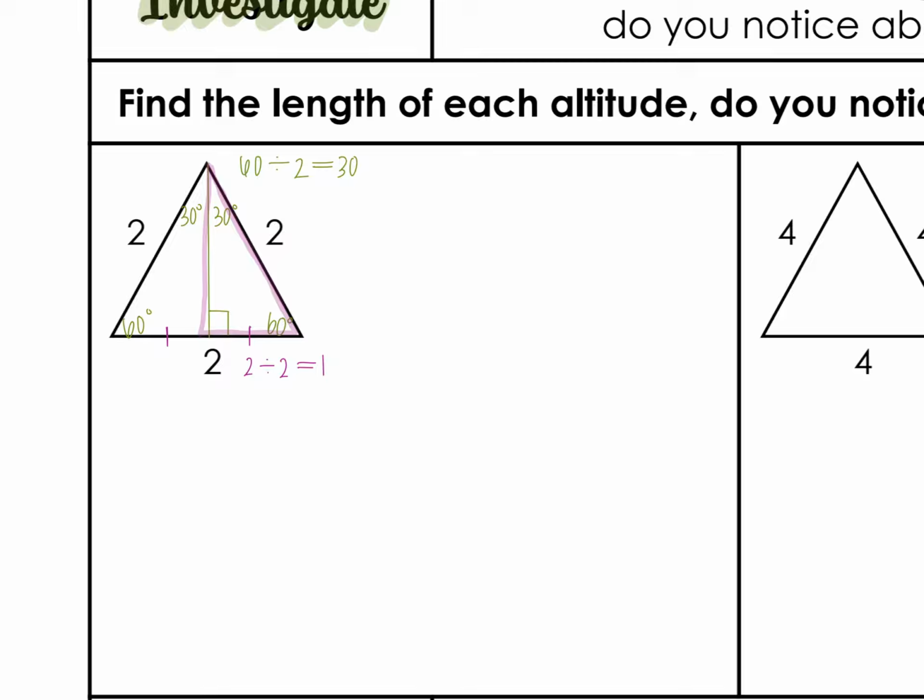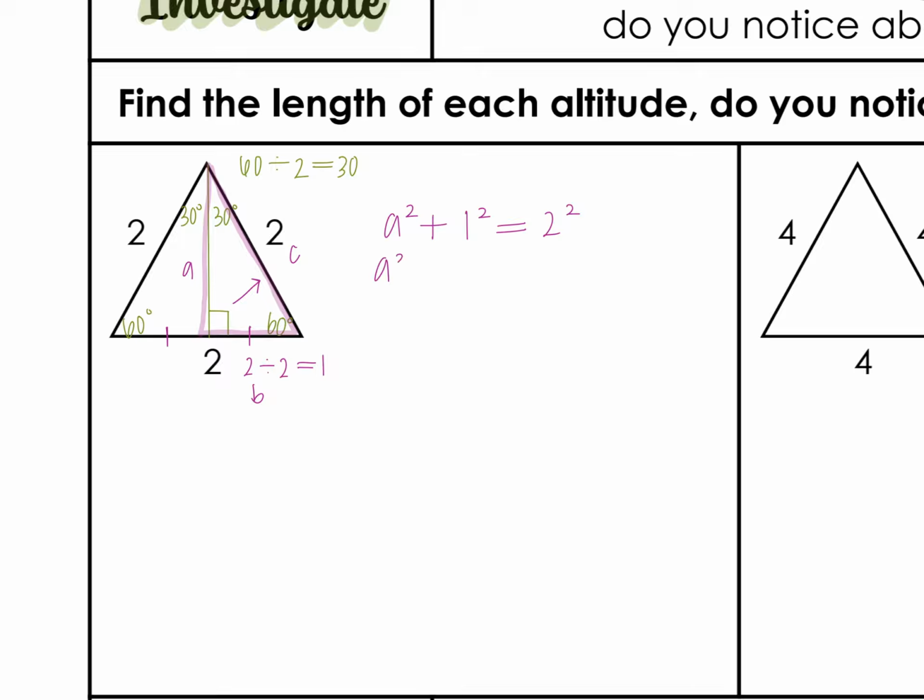So here I've got my, we'll call this my A, my B, and then my C because it's opposite the right angle. So we've got A squared plus B squared, so 1 squared, equals my C squared, so 2 squared.